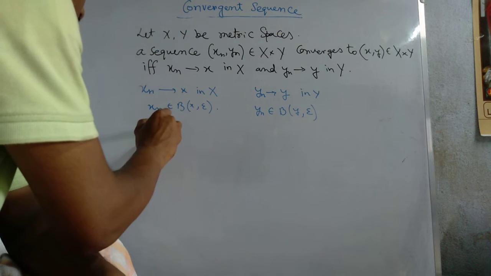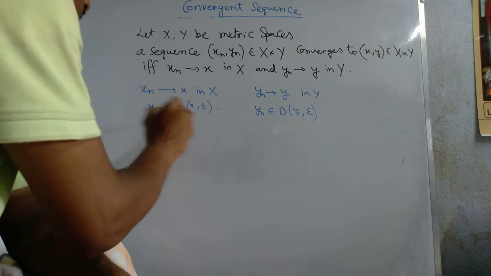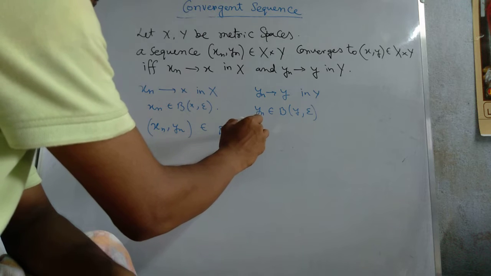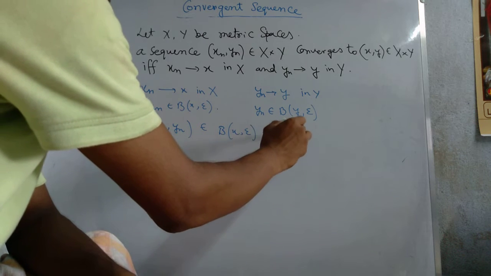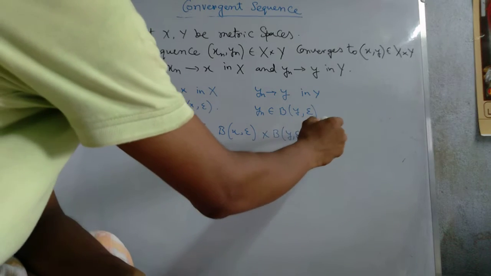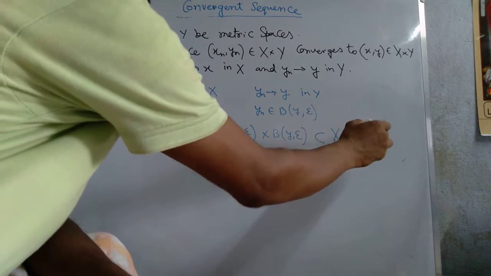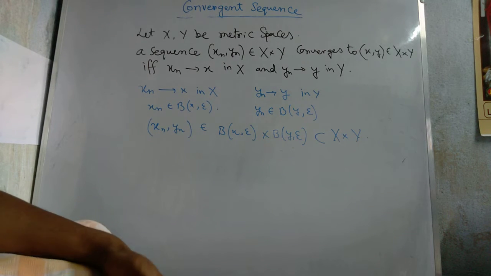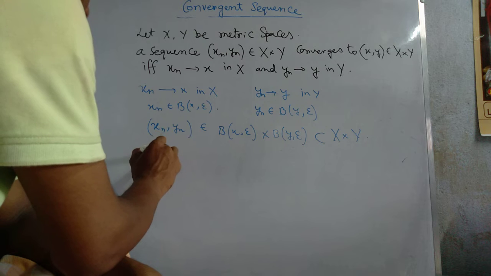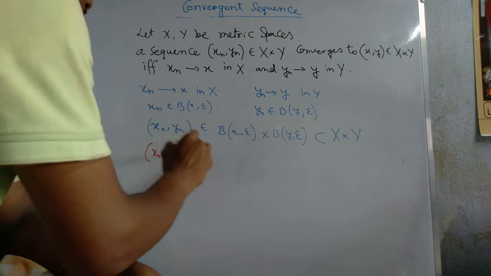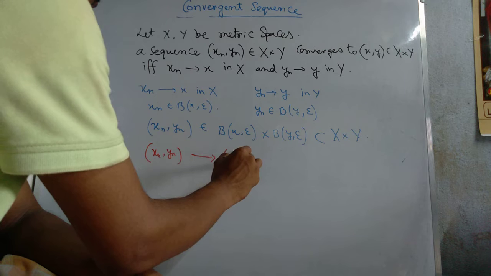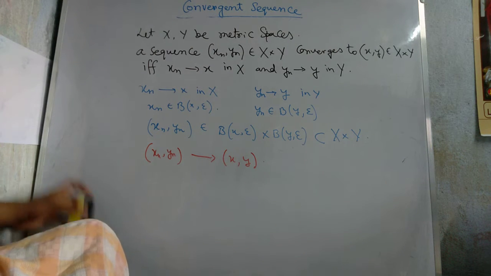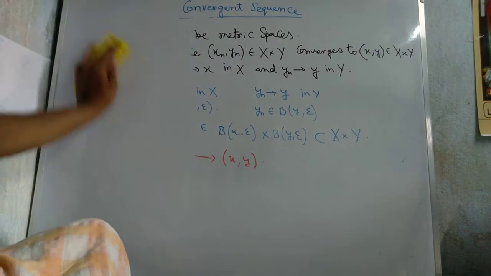Then (xn, yn) belongs to this B(epsilon) Cartesian product B(epsilon), a subset of X × Y. So (xn, yn) converges to (x, y). Okay. Now we erase this problem.